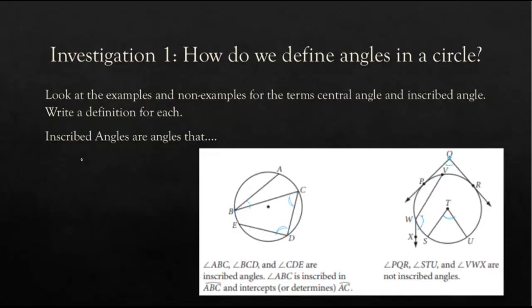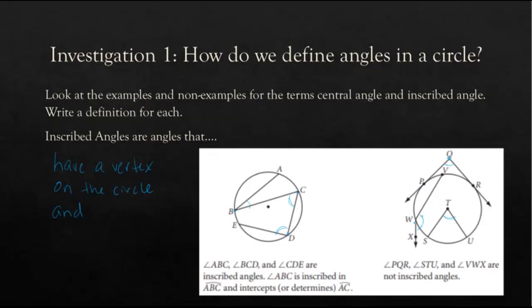So I think that we could say they're angles that have a vertex on the circle and they have to intersect an arc on the circle.